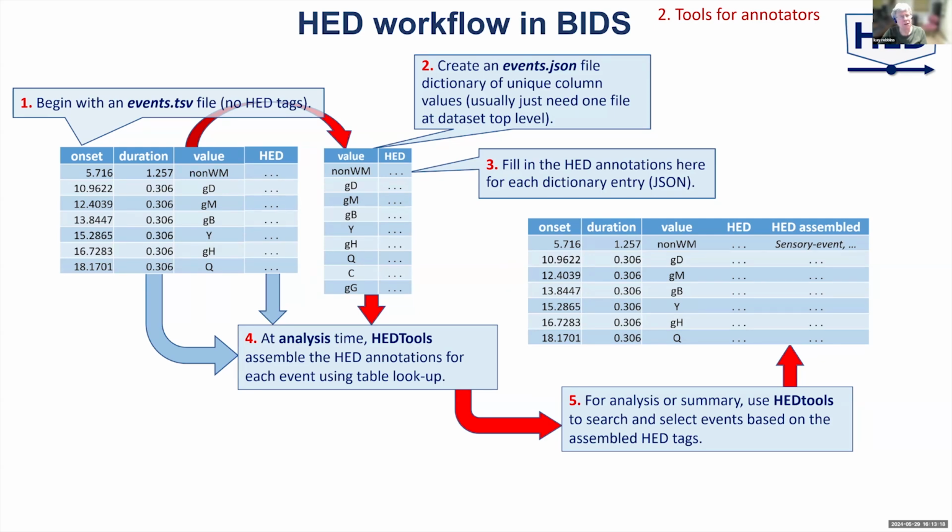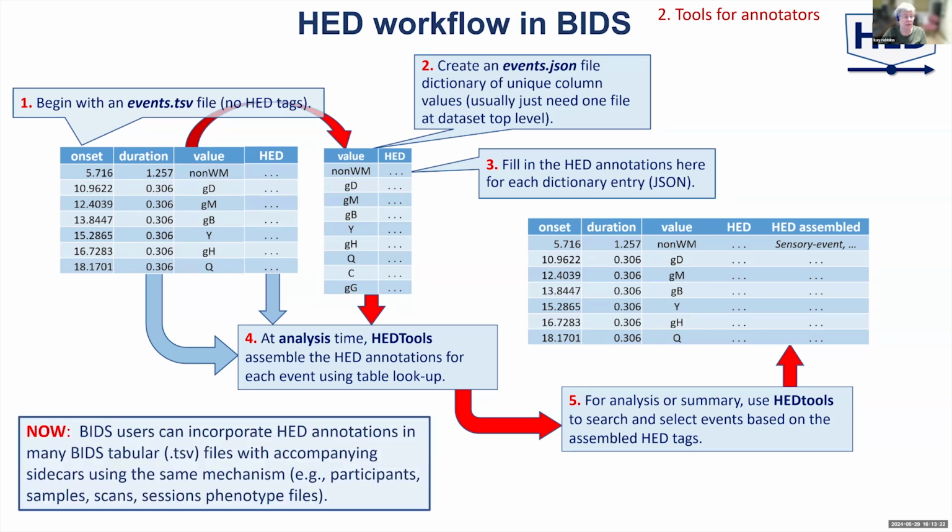And we have tools to support each aspect of that. And again, let me emphasize that BIDS now allows you to put HED annotations in other TSV files, such as participants, so that you can then include that information into your event marker annotations.